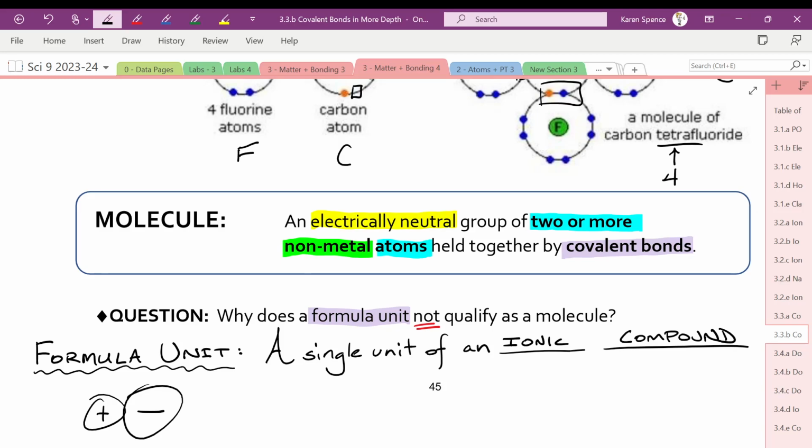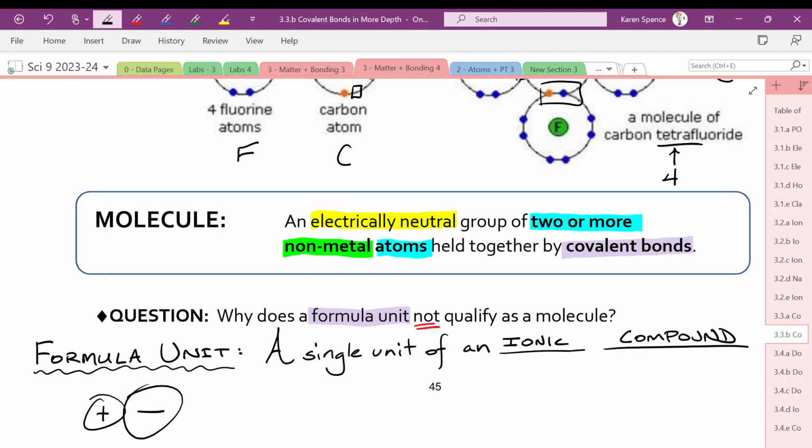Otherwise, you can just not worry about it, okay? Yes, so this is not the only formula unit, but it's enough for this question. We'll go more tomorrow into what other formula units look like.